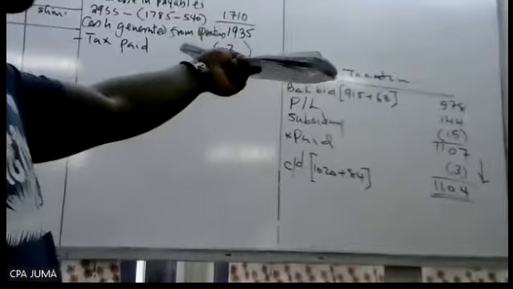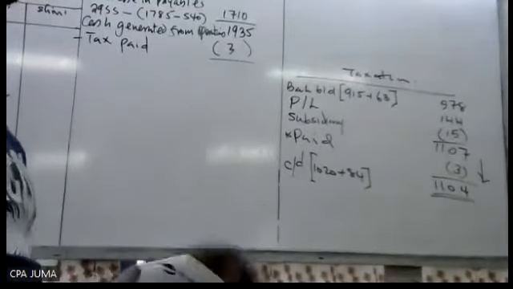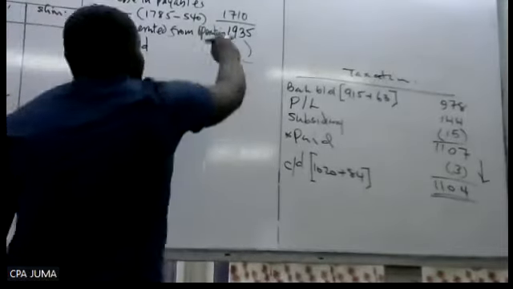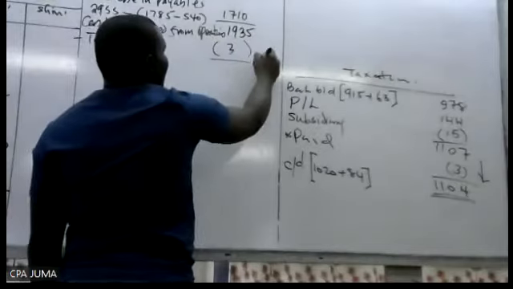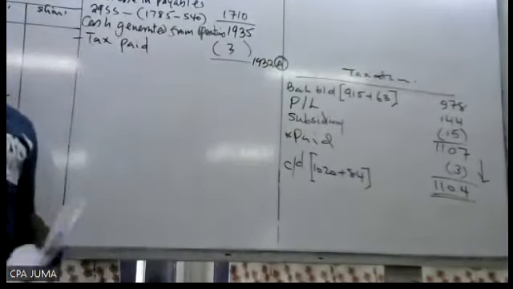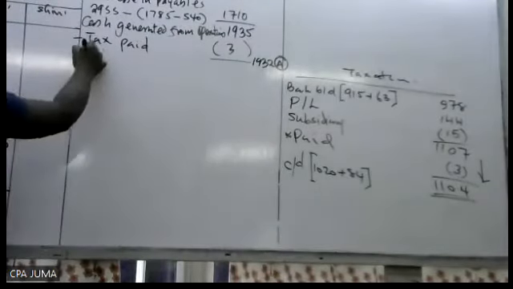There's a group forgetting about the P&L, and those forgetting about deferred tax. That one has been captured. Therefore, this minus this is 1932. Call it A. Then we go to investing.